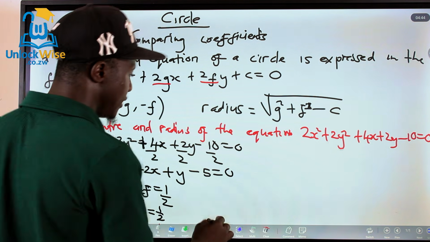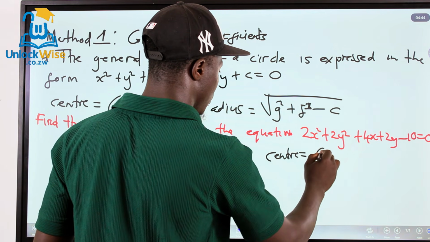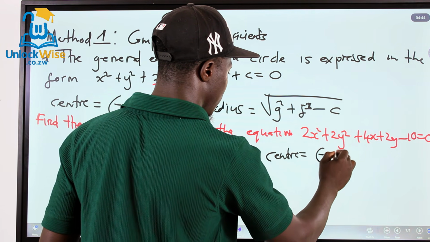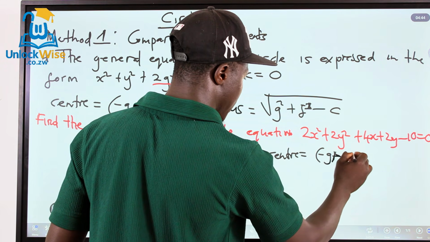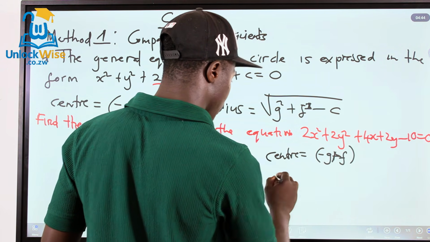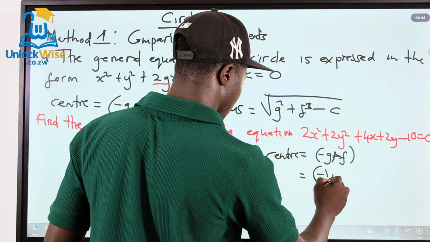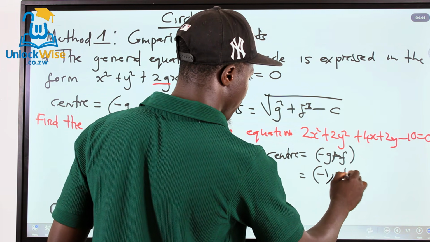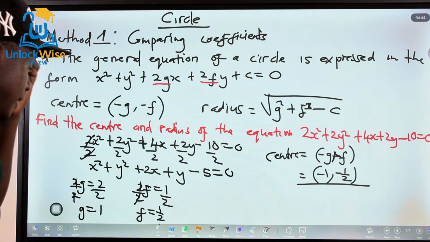So like I said, the center is equal to (-g, -f), which is equal to minus 1 and negative half. This marks the end of finding the center.